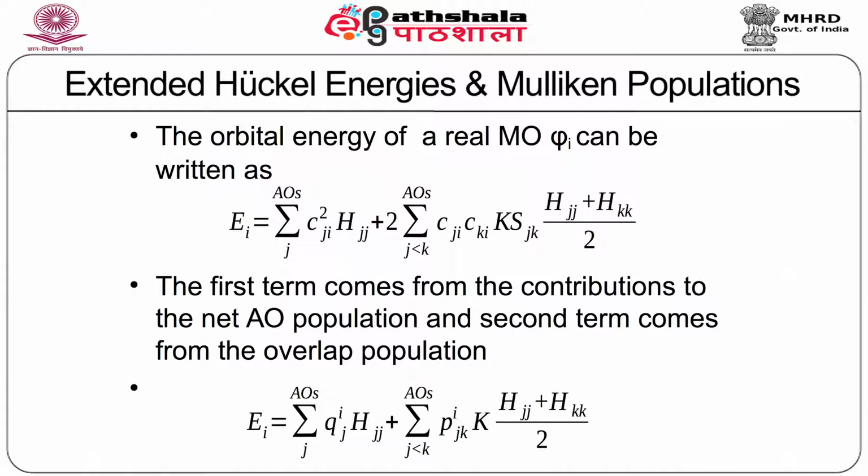The first term comes from the contributions to the net atomic orbital population, and the second term comes from the overlap population. We can rewrite the previous equation as E_i equals the sum over all the atomic orbitals of q_ji H_jj plus the sum over j less than k, with j and k running over all the atomic orbitals, of p_jki K (H_jj plus H_kk) divided by 2.